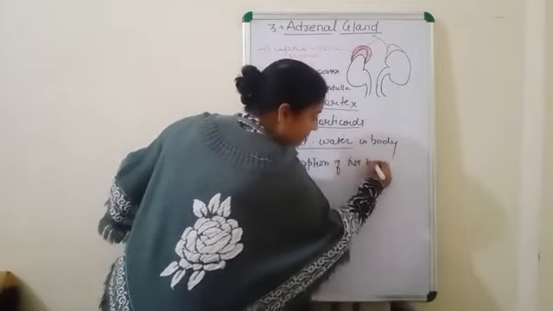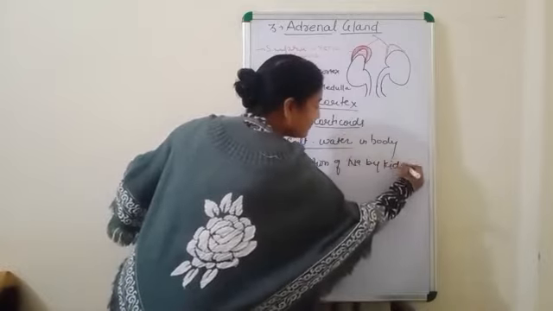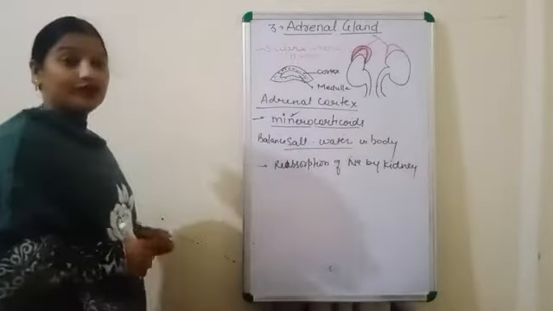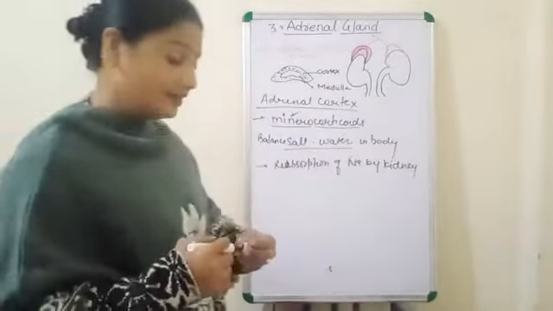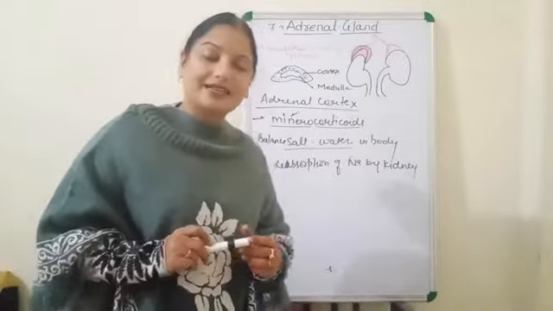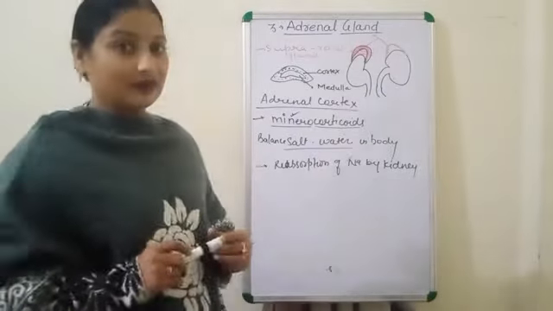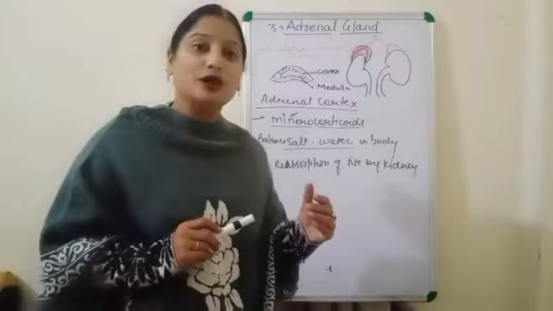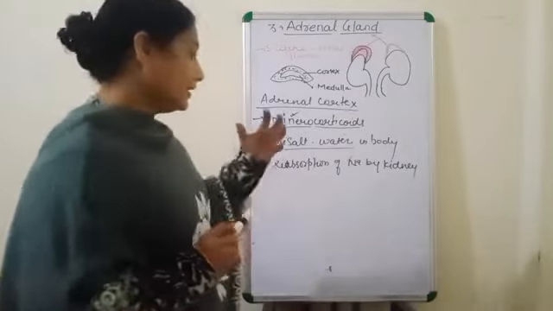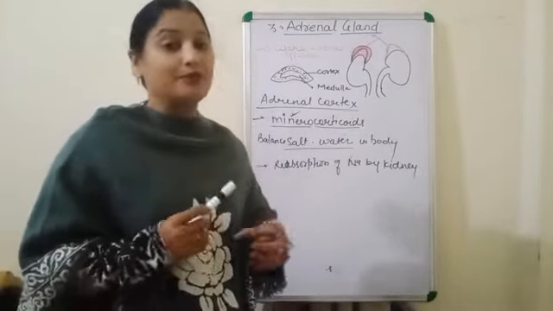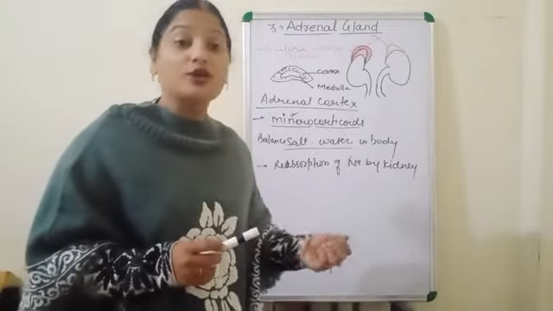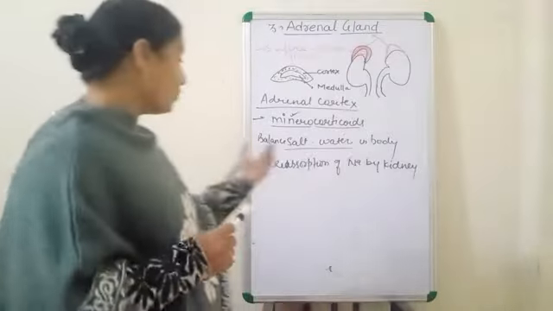sodium by the kidney. Okay, we have already studied the descending loop, ascending loop, loop of Henle. Some of them help in the reabsorption of nutrients. So what does it do?